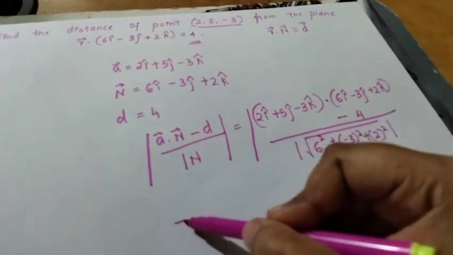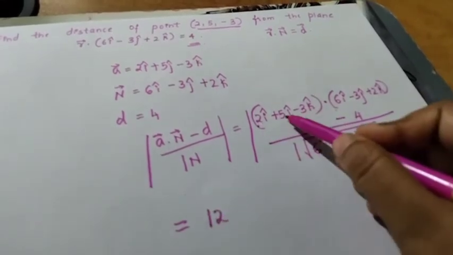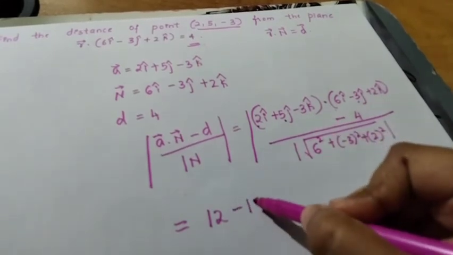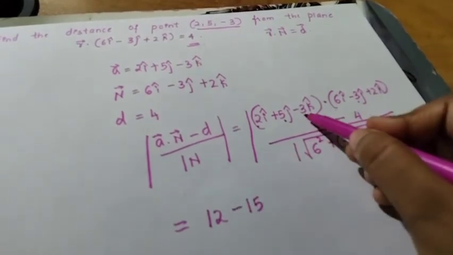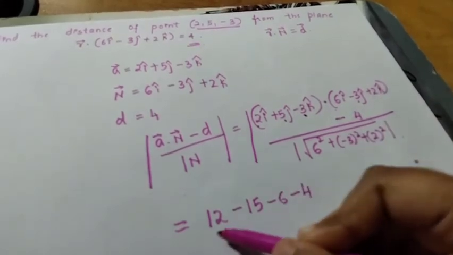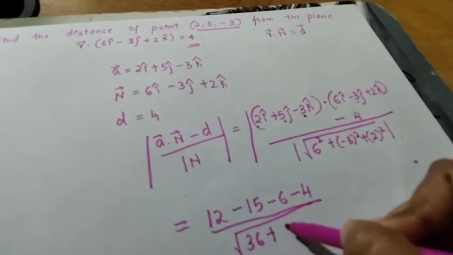Okay, so this is equal to: i dot i is 1, 6 twos are 12. j dot j is 1, 3 into 5 is 15. Then k dot k is 1, minus 3 into 2 is minus 6. Minus 4, divided by root of 36 plus 9 plus 4.